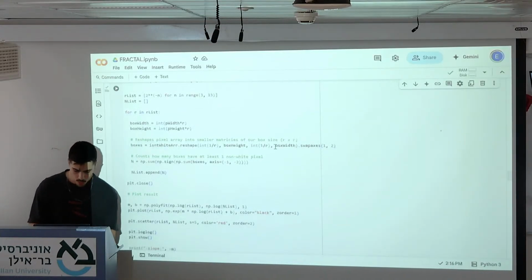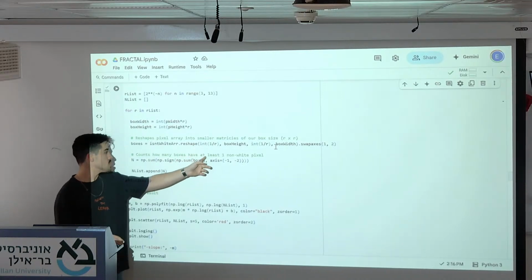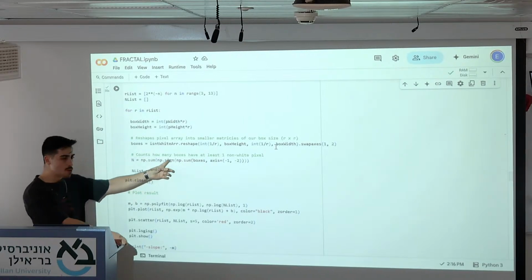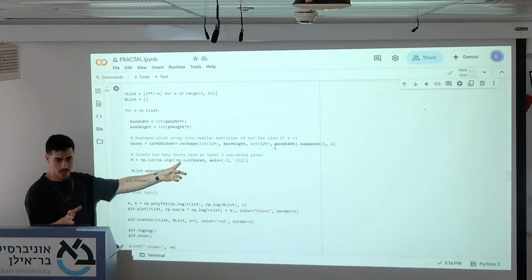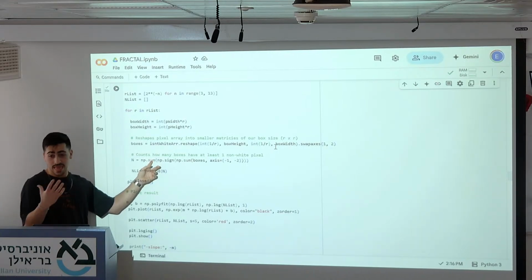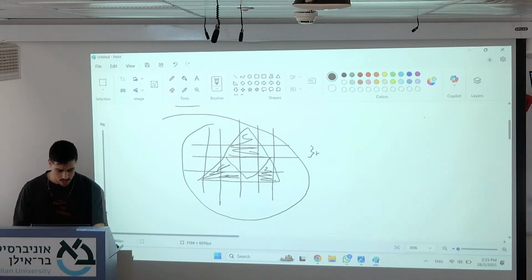So we just batch these into r by r boxes, and then we just sum up, we count the amount of boxes that have any non-white pixels in them. And that counts us the amount of these boxes that have part of the shape in them.